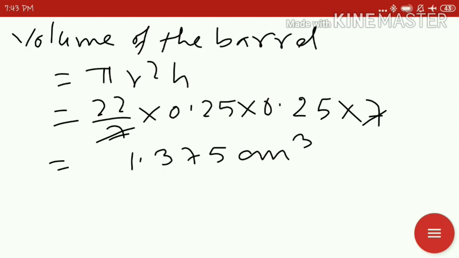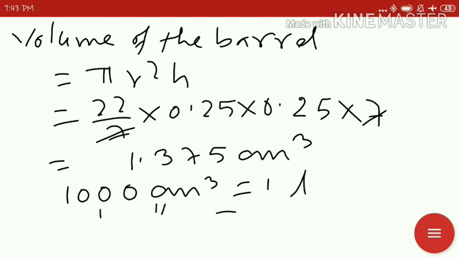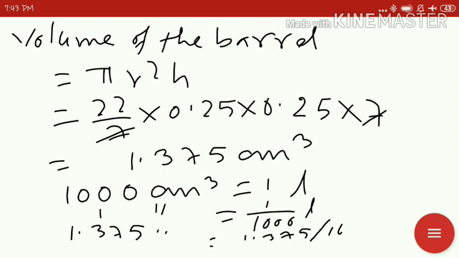Okay, so we know that 1000 centimeter cube equals 1 liter. 1 centimeter cube means 1 by 1000 liter, and 1.375 centimeter cube will be 1.375 divided by 1000 liter. That means the decimal will shift towards the left 3 times.